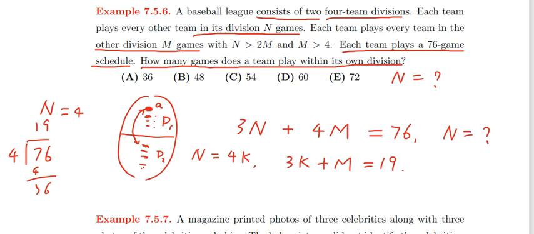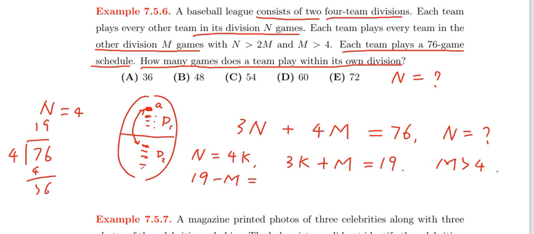Here m is larger than 4, so we just check m equal 5, m equal 6, just like that. So 19 minus m should equal 3k, right?